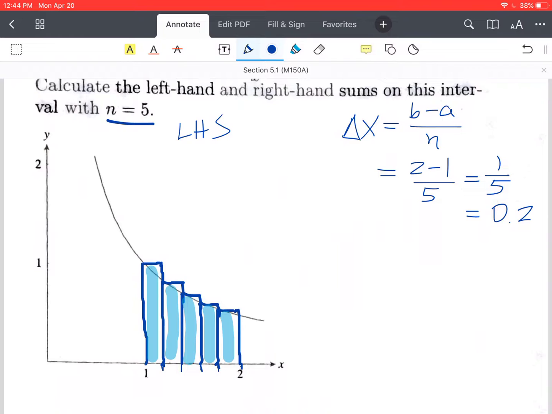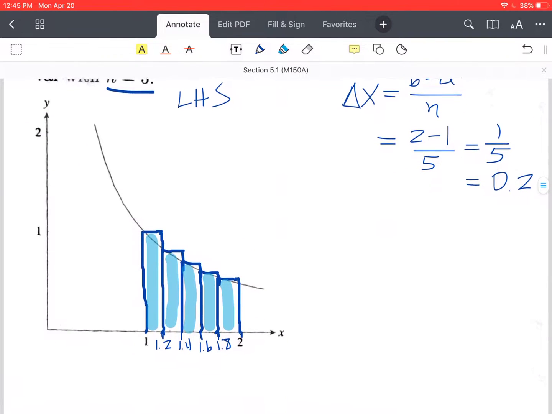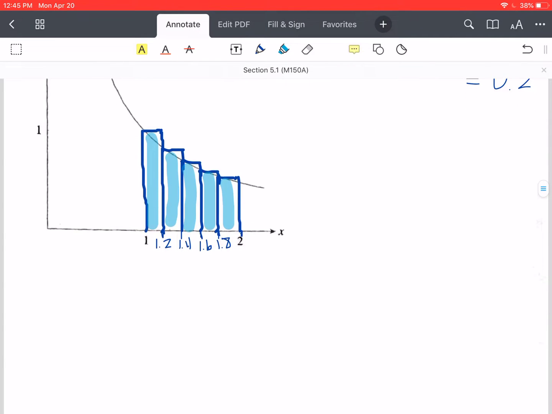Okay, so the region in question here starts at 1, and it's going up 1/5 or 0.2. So this next one's going to be 1.2, this is going to be 1.4, 1.6, 1.8, and then up to 2. So to get the area of each rectangle, we're going to do the left-hand sum, and we have 5 subdivisions, so this is going to be L sub 5. So left-hand sum with 5 rectangles.